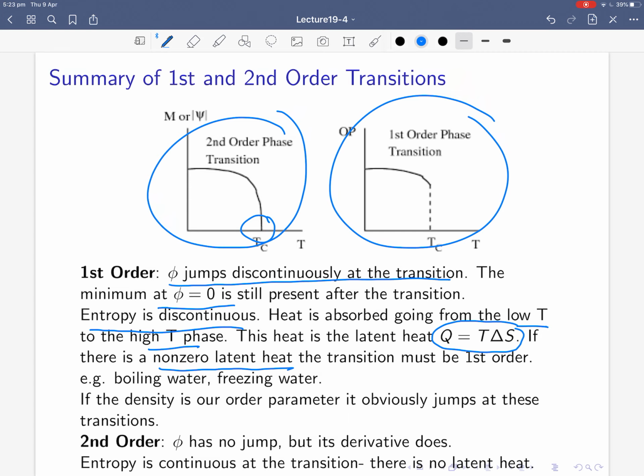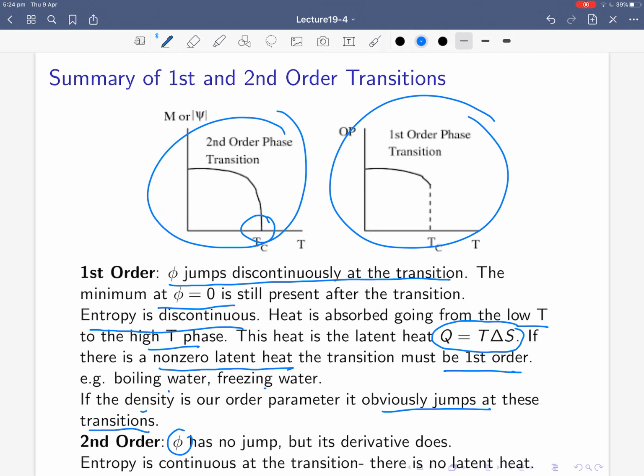If you find a non-zero latent heat, the transition must be first order. It can't be second order. And if the density is our order parameter, then at boiling water or freezing water you obviously have jumps at these transitions. So boiling and freezing of water are obviously first order, because you have a latent heat, and because the density, if it's your order parameter, is definitely jumping.